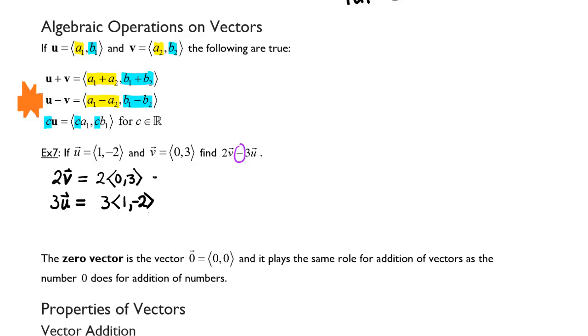So let's calculate these separately. 2 times 0 is 0. 2 times 3 is 6. 3 times 1 is 3. 3 times negative 2 is negative 6. And now I'm going to subtract the vector 3 times the vector u from 2 times the vector v.